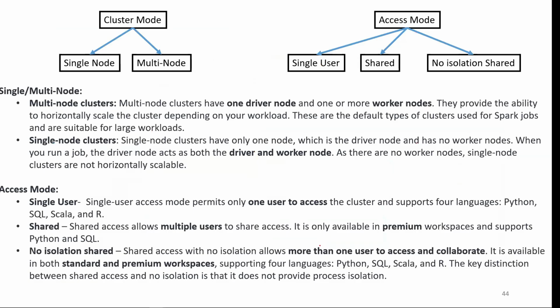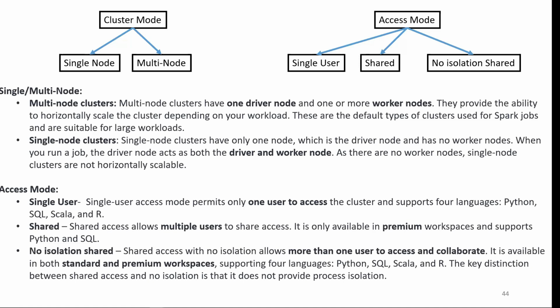Next, in the cluster: when we create the compute resource on Azure, or even AWS or any cloud platform, we have cluster modes available. We can have a single node cluster or a multiple node cluster, and it can have access modes depending on the use: single user, shared, or no isolation shared.